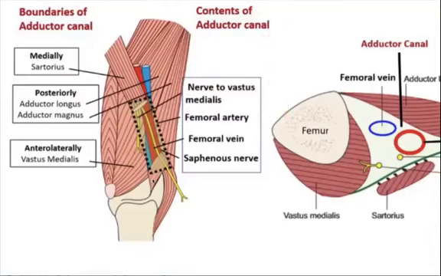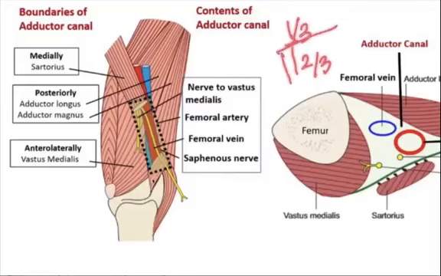Is it clear? Sir, is this the junction of the upper 2/3 and lower 1/3 of the line joining the anterior superior iliac spine and the adductor tubercle? It is at the junction between the upper 1/3 and lower 2/3.